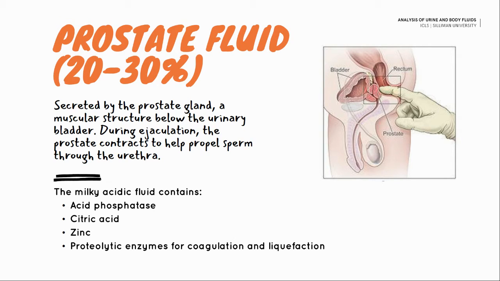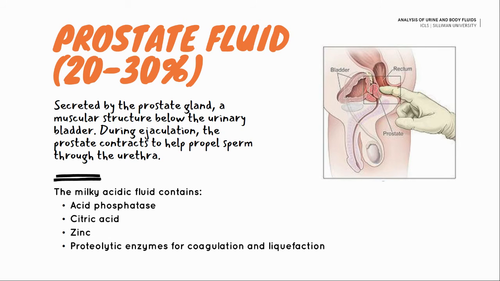So again, the prostate fluid consists of acid phosphatase, citric acid, and zinc. Citric acid and zinc are responsible for nutrients for the sperm. Our last one is proteolytic enzymes for coagulation and liquefaction.